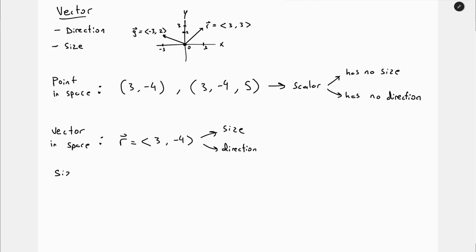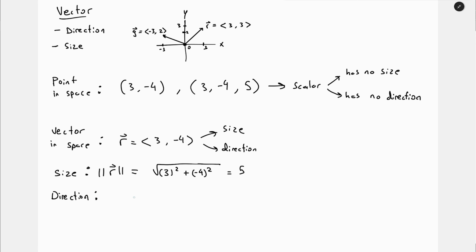So our size would be the square root of 3 squared plus (-4) squared. Basically the Pythagorean theorem. I won't get into too much detail. I'm assuming this is known, but just to show the idea. Equals 5.